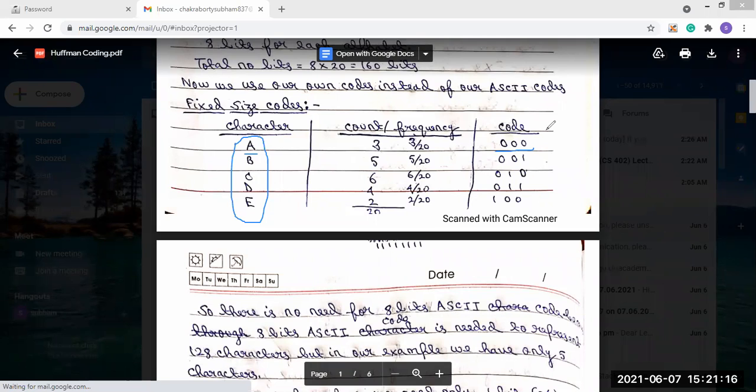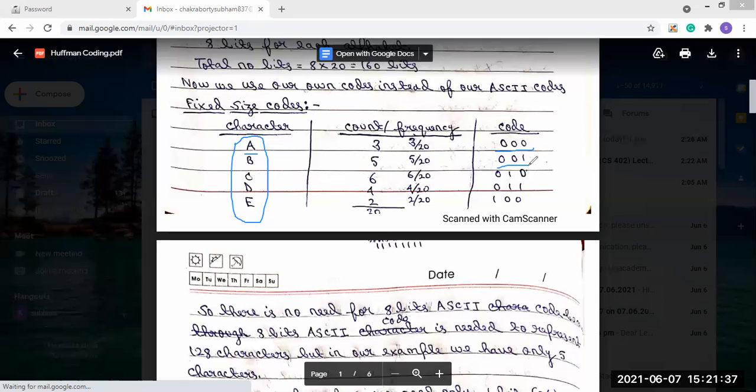So what will B be? A is first, then the next element is B, so our next code will be the one after 000, which is 001. So B will be 001.